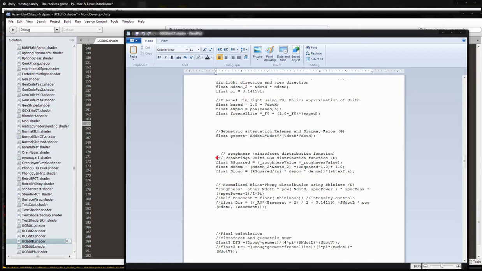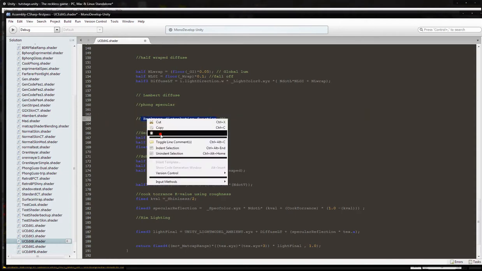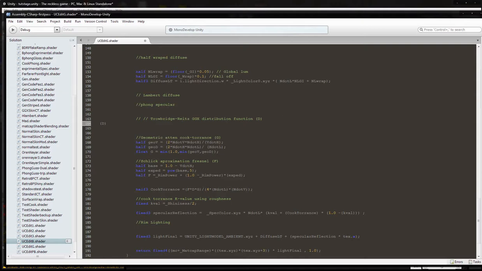The GGX distribution function was in the Trowbridge-Reitz paper, so we'll call it the Trowbridge-Reitz GGX distribution function.